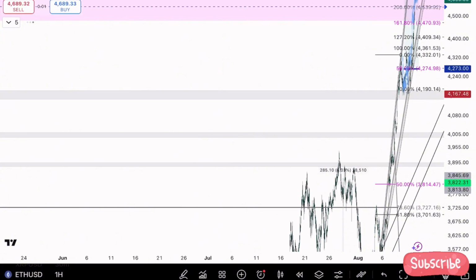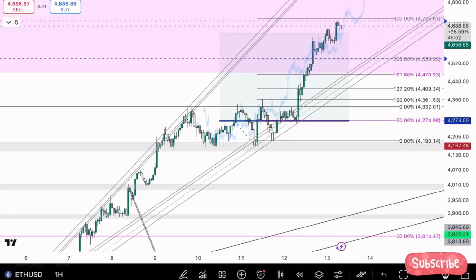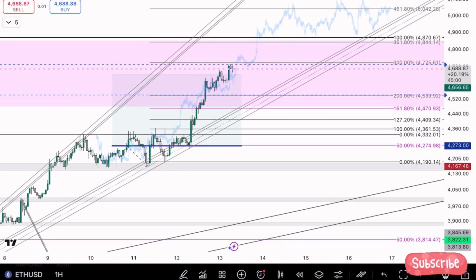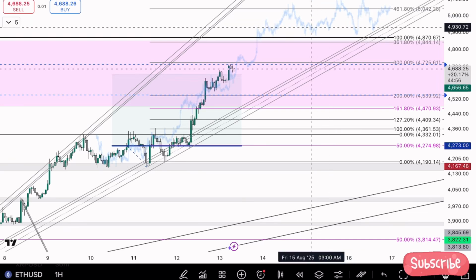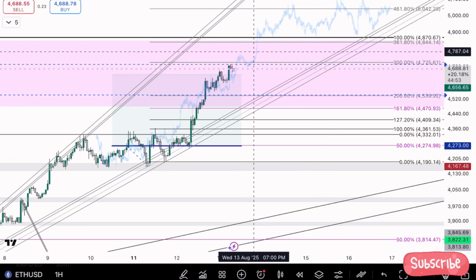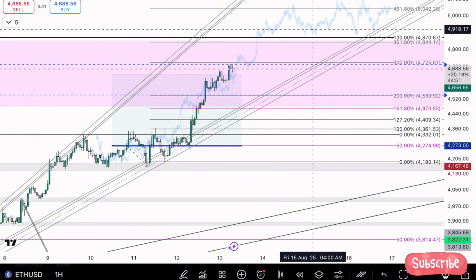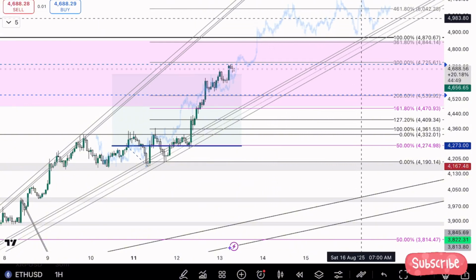Maybe the hourly. All right, so the first thing I want to go over is the tool. If you can notice this, I don't know if you noticed this light blue looking pattern.